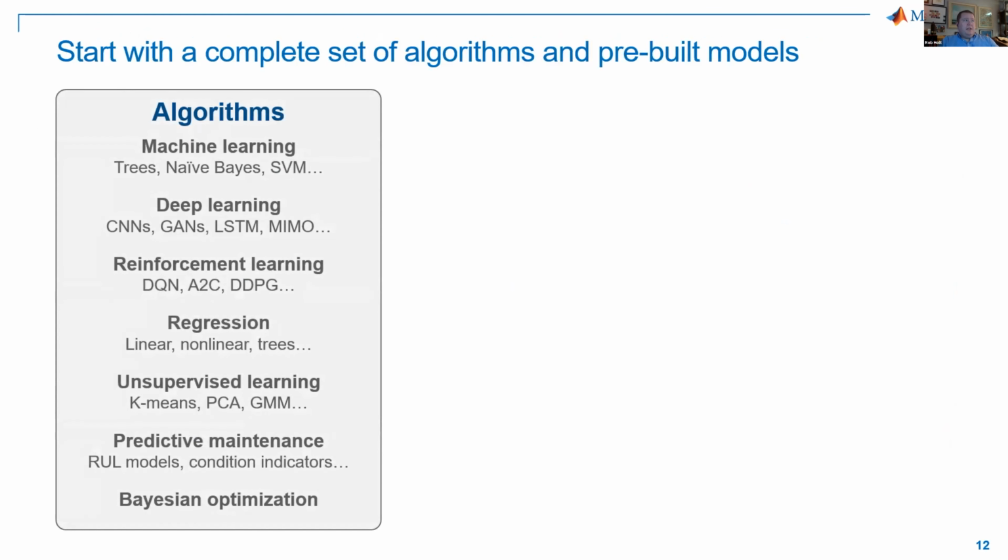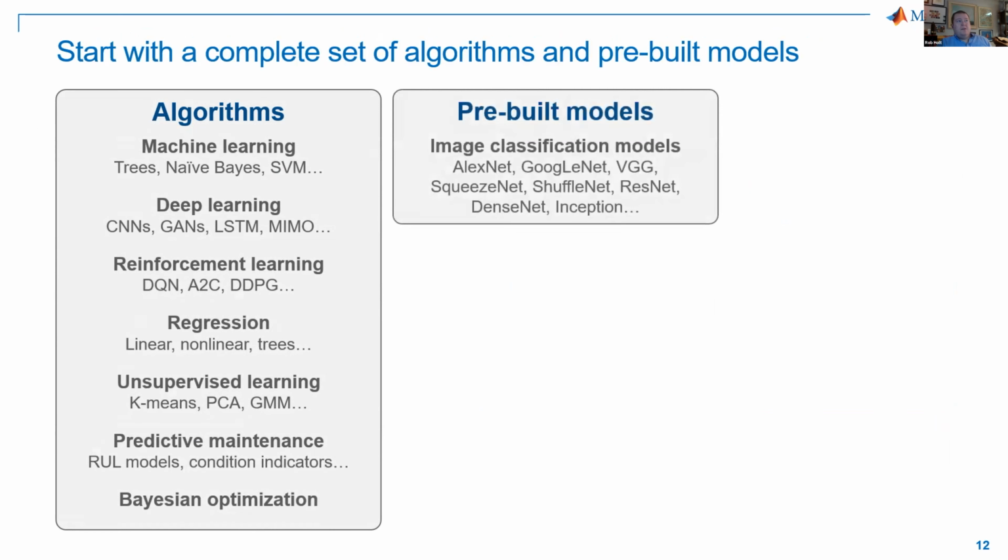For example, you can open it up and immediately start using SVM, k-means, condition indicators, and so on. We also have a lot of pre-built models. So right in MATLAB, you can install and start using AlexNet, VGG, Inception, and so on among these pre-built models.